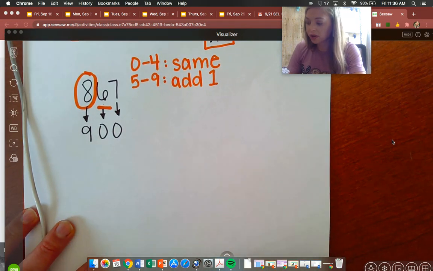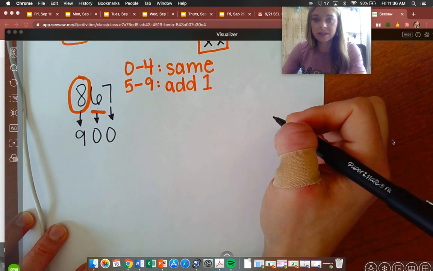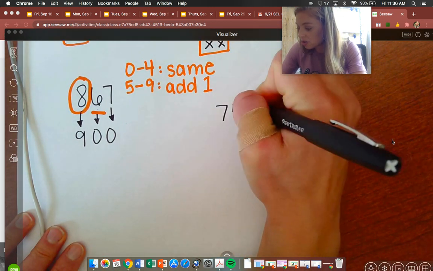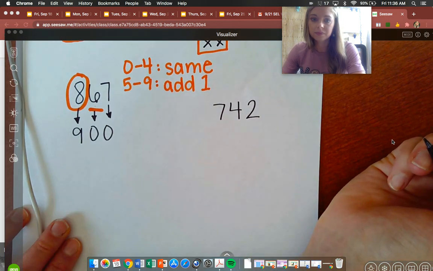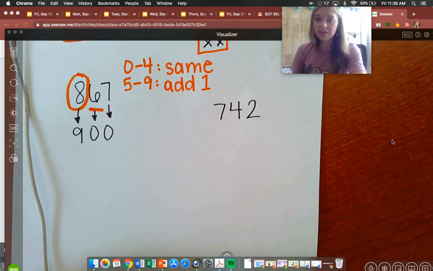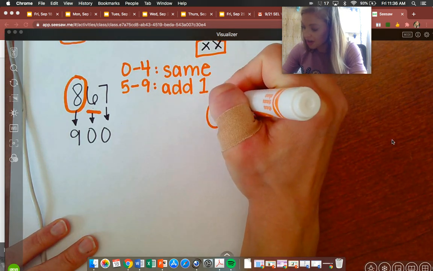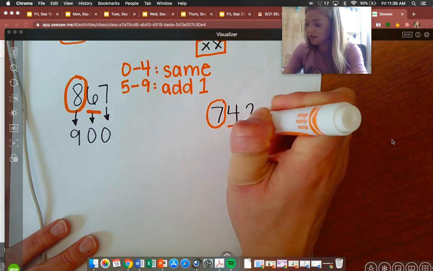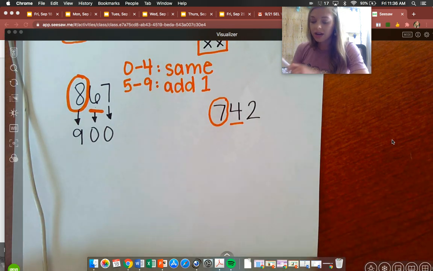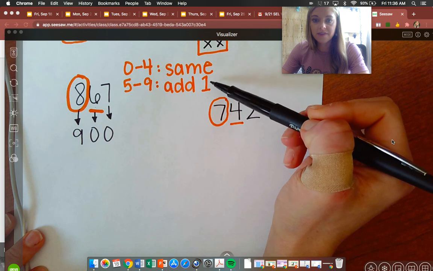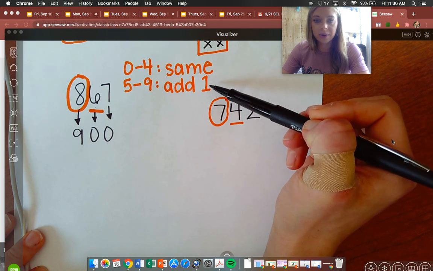Let's do one more rounding a number to the nearest 100. Let's do 742. Find the place value, circle the digit. We're rounding to the nearest 100, so I'm circling the number in the hundreds place. Move to the right and underline it. Now 0 through 4, and the circle stays the same. 5 through 9, we add 1 to the circled number.